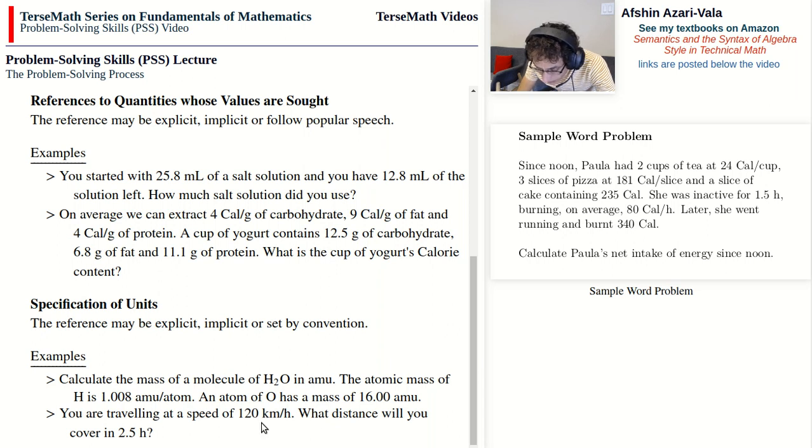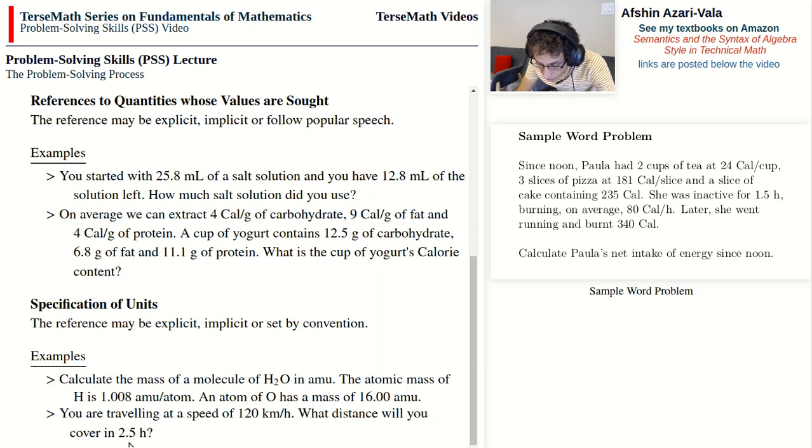The fact of the matter is that the other values, the values that are given to us, use certain units, such as in 120 kilometers per hour. The unit of speed, kilometers per hour, breaks down into the unit of distance, kilometers, and the unit of time, hours.